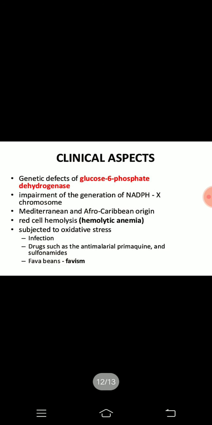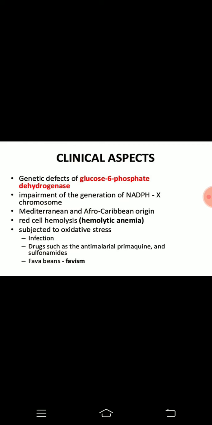Clinical aspects: if there is a deficiency of the enzyme glucose 6-phosphate dehydrogenase, then what happens? This enzyme is present in the oxidative phase, for the conversion of glucose 6-phosphate in the oxidative phase. So if that enzyme is not present, then the HMP shunt will not happen. Then what happens after that?